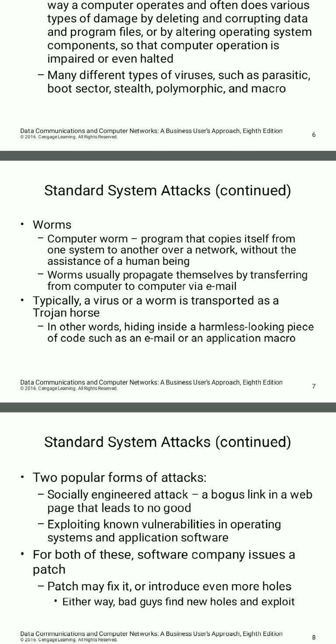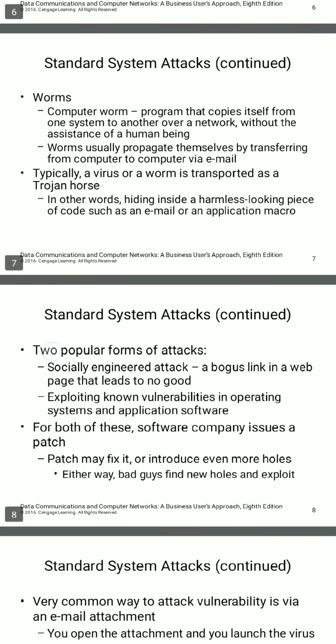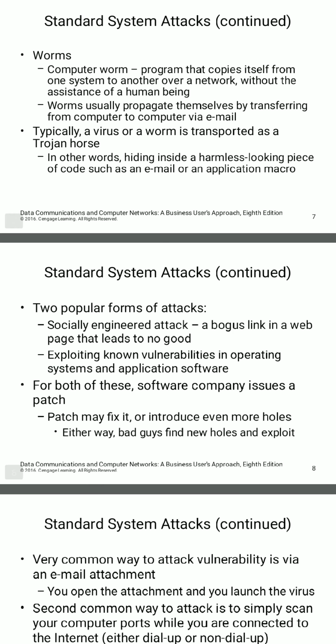Actually, worms usually propagate themselves by transferring from computer to computer via email, and then you see the warning notifications on Gmail that you shouldn't open this email or this spam because the source is unknown, or the data that it contains may be harmful for your device.